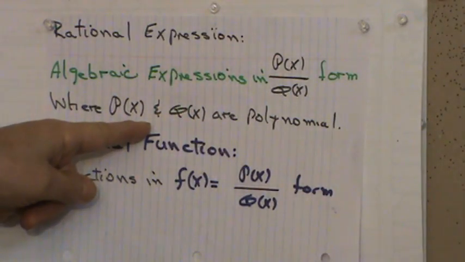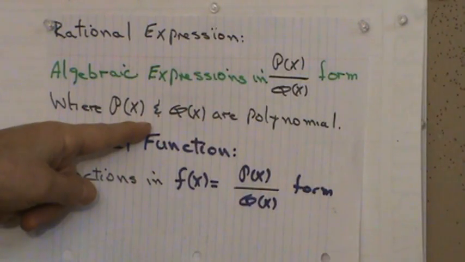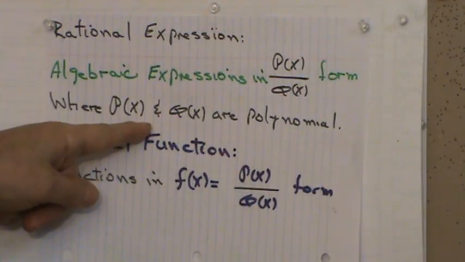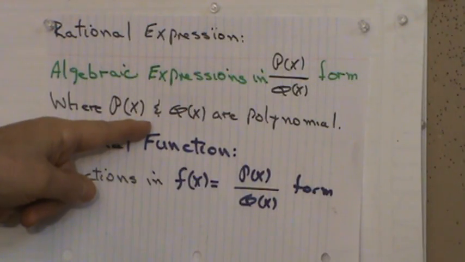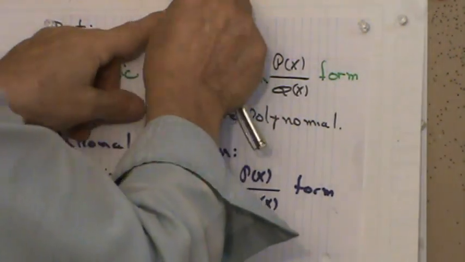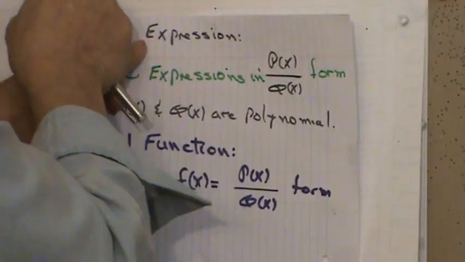The polynomials we are discussing in this lecture are non-constant, single variable polynomials. And in the denominator, the x values cannot assume those values that make the denominator 0. Okay, now let's go to the main body of the lecture.